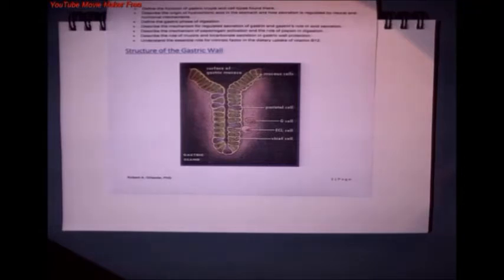Now we have propulsion, and we have mechanical action of the stomach. That's the mechanical breakdown, the grinding action that Dr. Shuttleworth mentioned. Now, what I'm going to talk about are the secretions of the stomach.